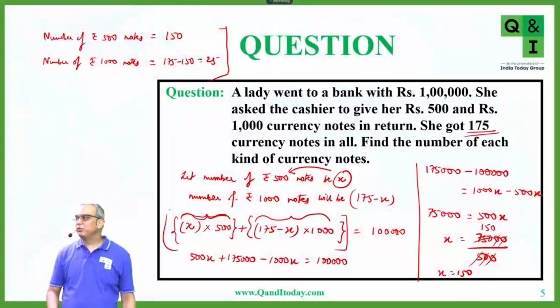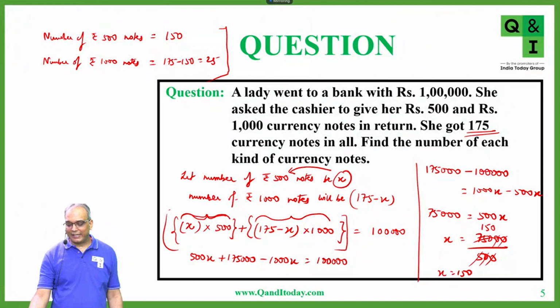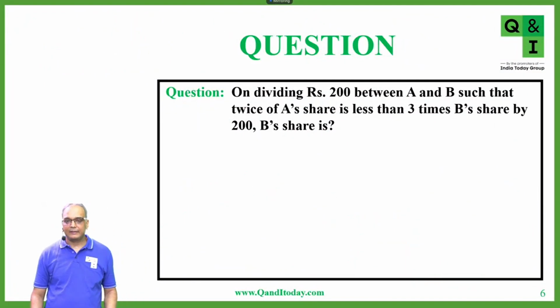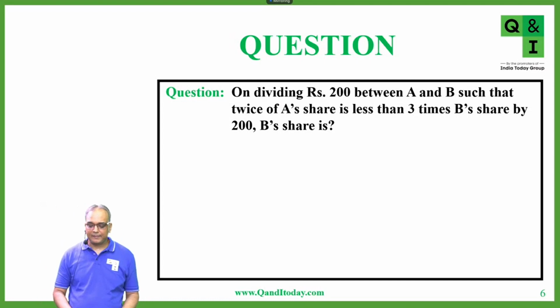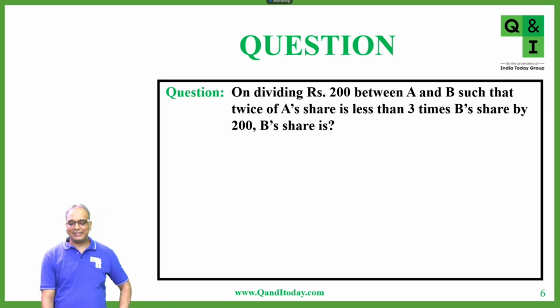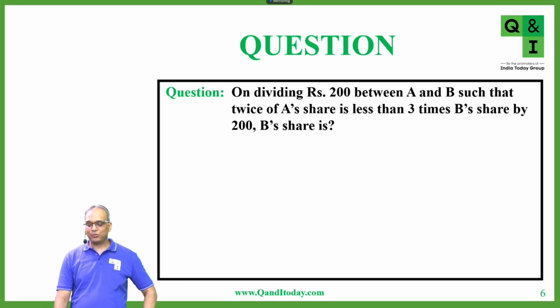So let us move to the next question now, students. Again, you will attempt this question and try to give me an answer. On dividing rupees 200 between A and B, such that twice of A's share is less than 3 times B's share by 200, what is B's share?